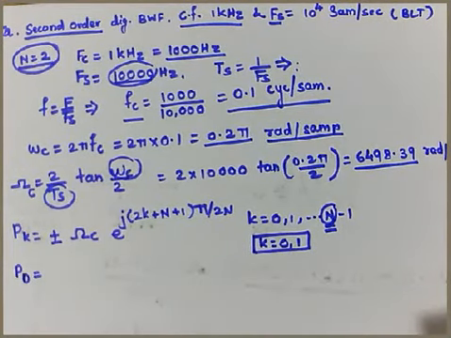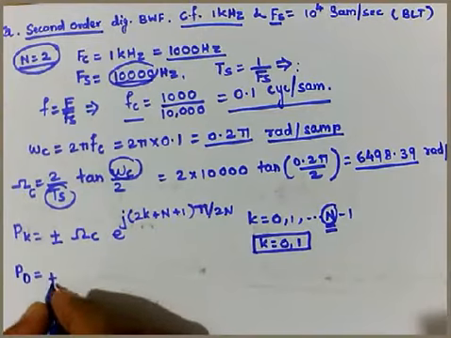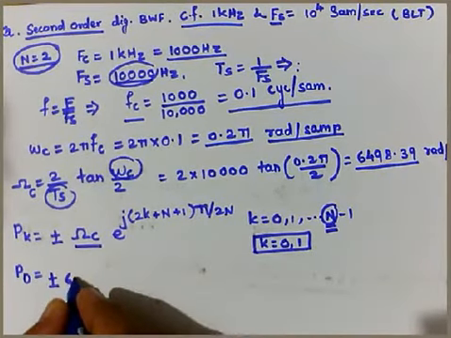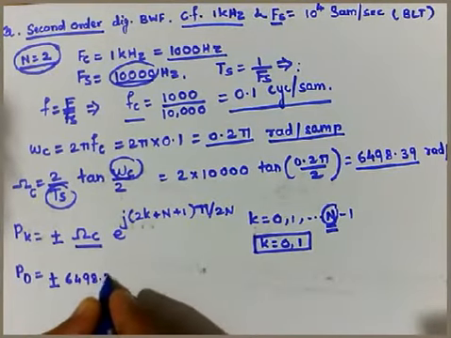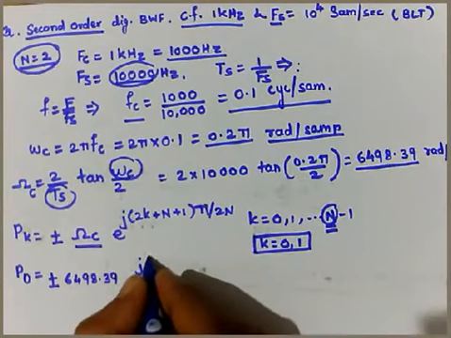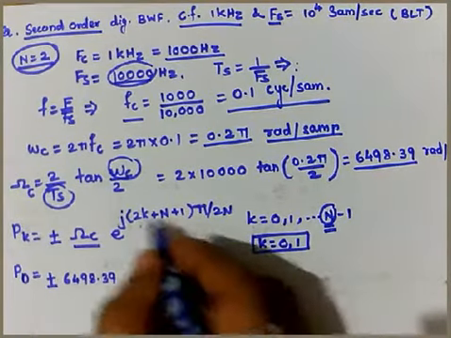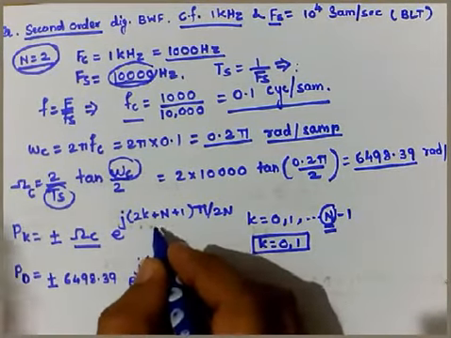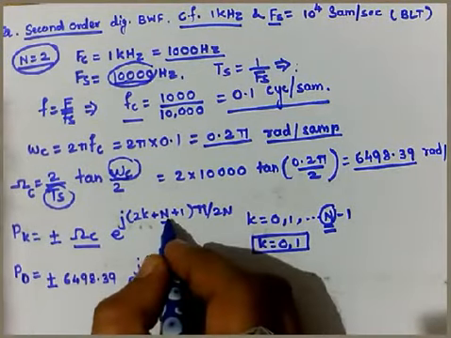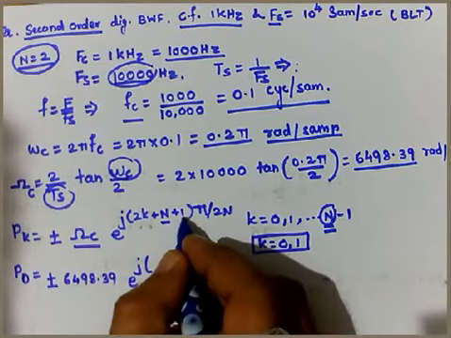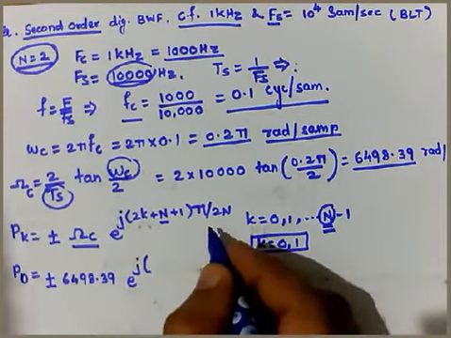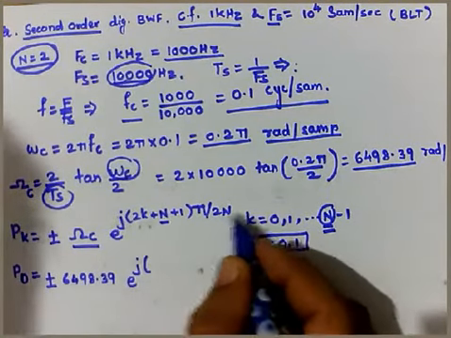So for calculating the P0, plus or minus Ω_C, that is the value which we calculated earlier, 6498.39 e raised to j, what is 2k? So 2 into 0, that is 0. So this n, for this case it is 2. So 2 plus 1, it will be 3. So 3 pi by 2 into n means it is 2 into 2, that is 4.